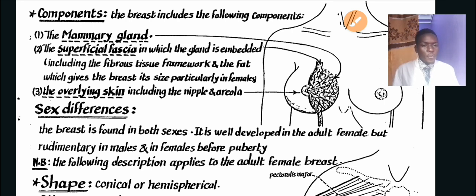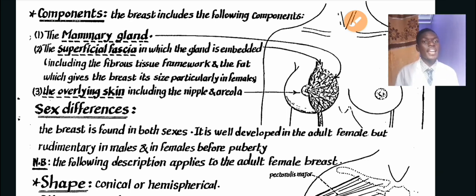And if we look now at the breast, you want to concentrate more on the adult female breast. At the moment we are concentrating on a nulliparous woman, a woman who has not yet given birth.